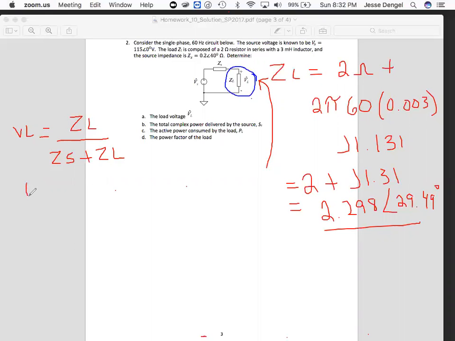In order to find complex power, we need to find IS, which is equal to VS divided by ZS plus ZL, which is equal to 46.10 angle negative 30.33 degrees amps.